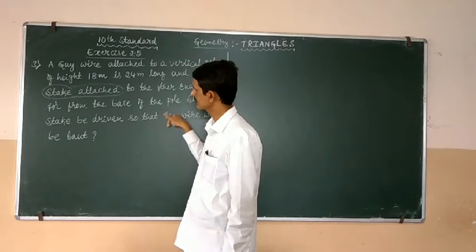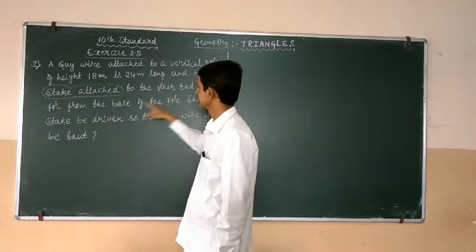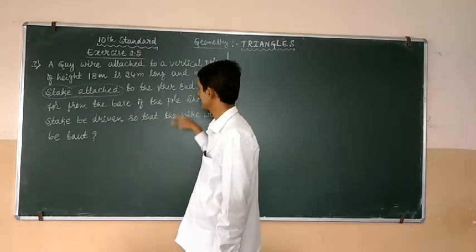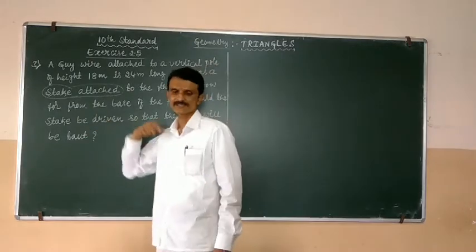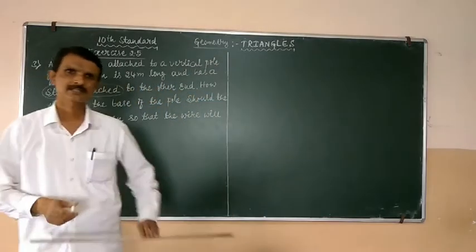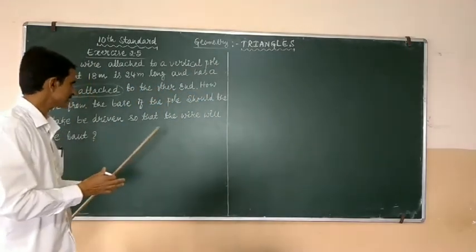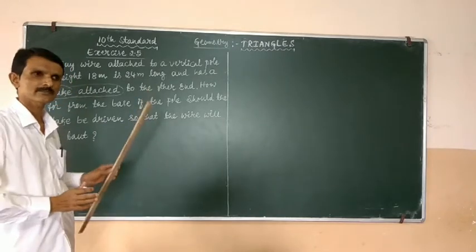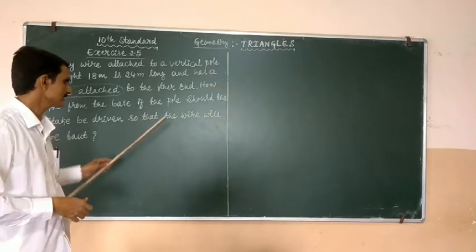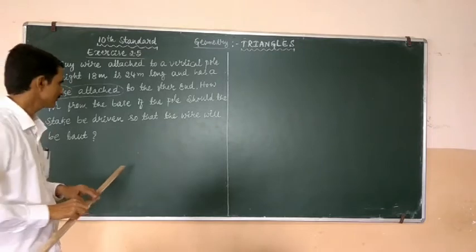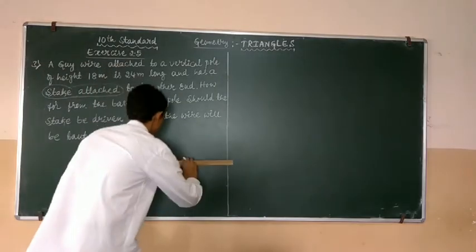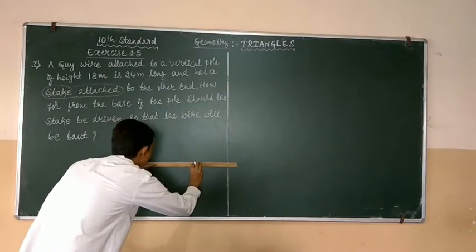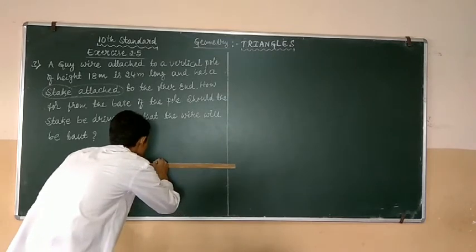Therefore, we have to calculate the distance between the pole and the stake. Students, it is very easy to understand the problem. If you draw a diagram, we will take a right angle triangle.